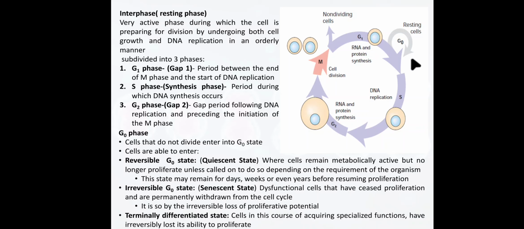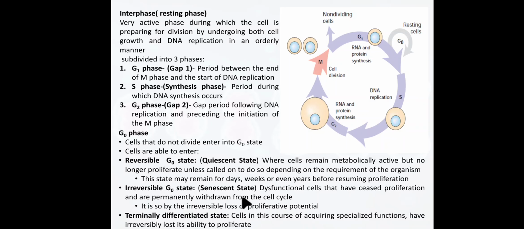G0 phase is another phase where the cells that do not divide enter the G0 state. Cells are able to enter three states: the reversible G0 state, the irreversible senescent state, and the terminally differentiated state. The reversible G0 state is also known as the quiescent state, where cells remain metabolically active but no longer proliferate unless a favorable environment is resumed.